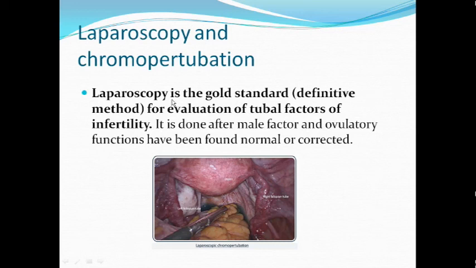So laparoscopy and chromopertubation. By chromopertubation you have to put the dye from the vaginal end, that is methylene blue dye, and by laparoscope you can see the dye coming out of the tube fimbrial end. See, this is the bluish part, this is the methylene blue. So this is a direct method and definitive method to assess tubal patency.